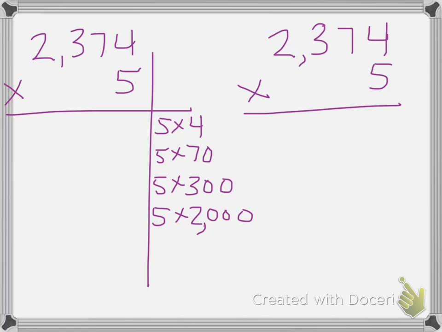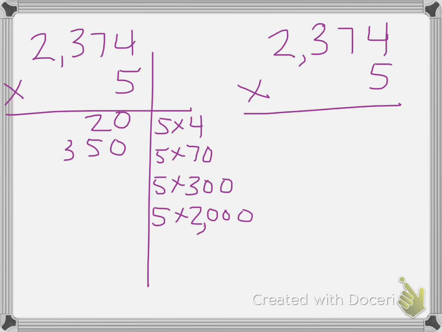So my 5 times 4 gets me a partial product of 20. 5 times 70, well, 5 times 7 gets me 35. 35 times 10 gets me 350.